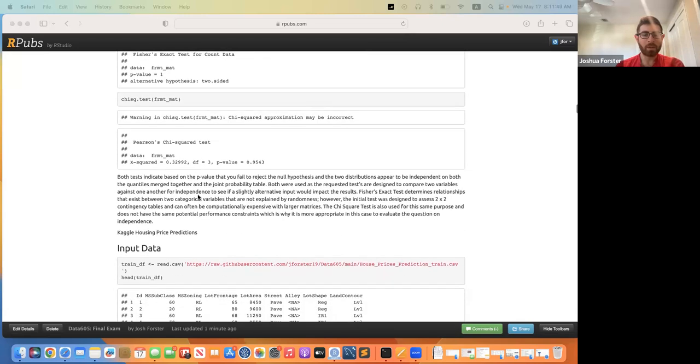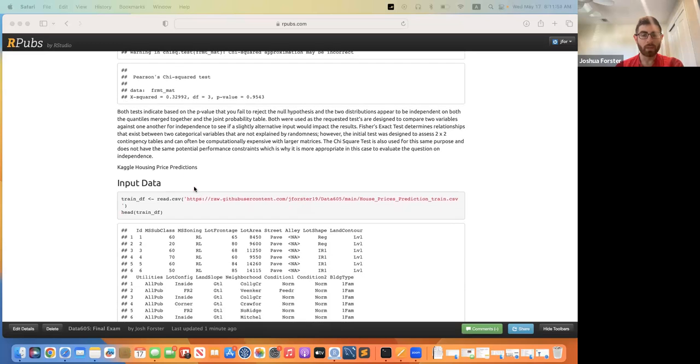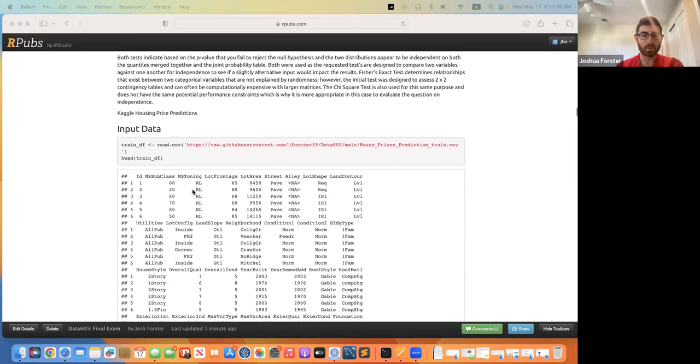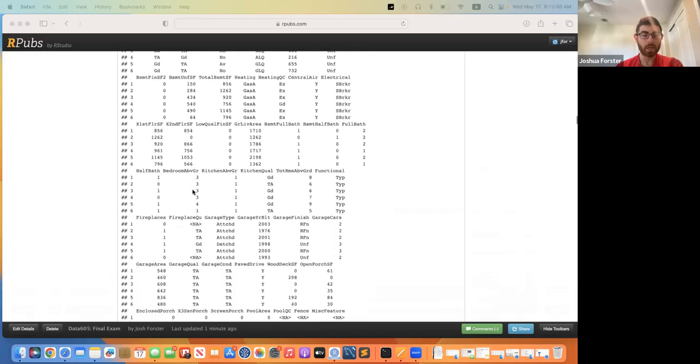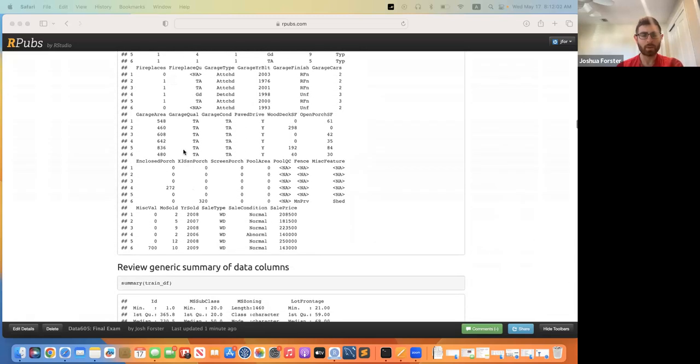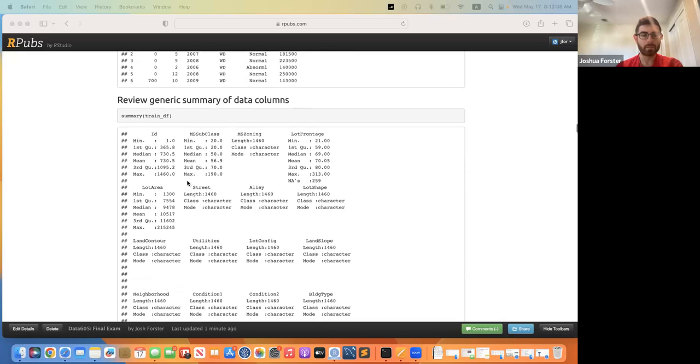Moving on to the housing price predictions, we're loading in the training data set and looking through the different columns. There are a lot of columns, about 70 something available in the data set. To review it, I needed to look at the summaries of different columns.